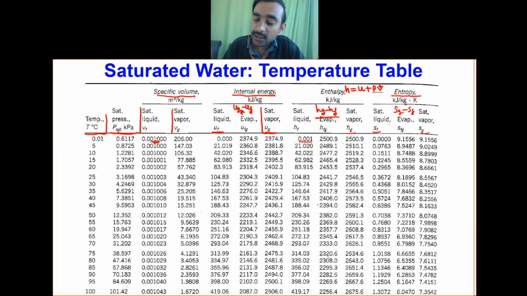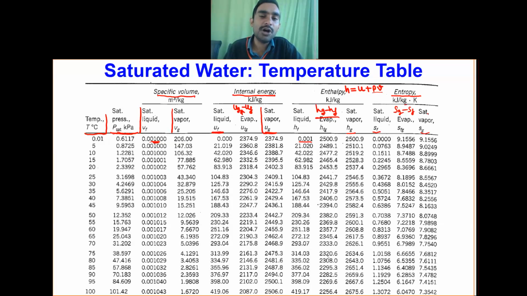Okay. Then one important point I would like to highlight over here. When we define any table, we actually set some reference, and with reference, the value of the property tends to 0.